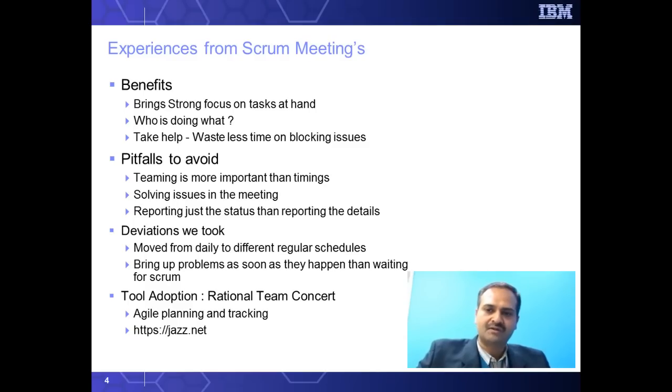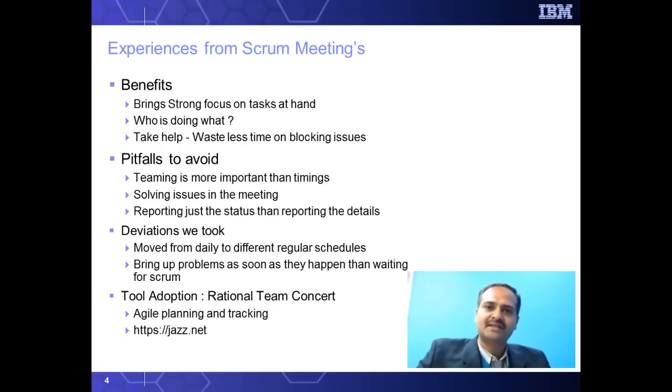On the pitfalls to avoid, what we have experienced is that teaming is the central key to these Scrum meetings. Timing is important, but timing is not about teaming. So it's better to adjust the Scrum meeting timings to where everybody is comfortable rather than having a rigid time schedule.